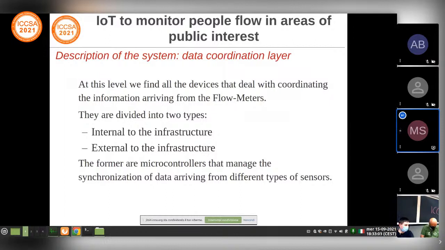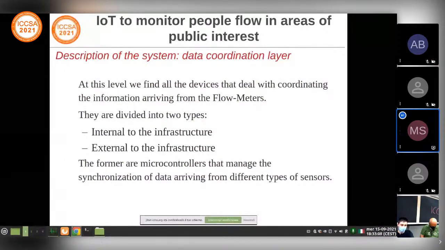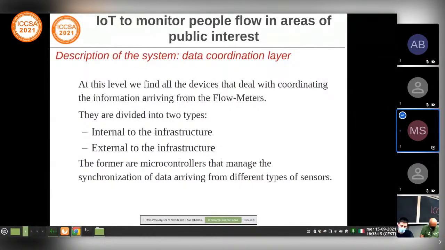After that, we have a new layer, and it's the data coordination layer. We find all the devices that deal with coordinating information that arrive from the flow meters that are sensors. They are divided into two types: internal to the infrastructure and external to the infrastructure.